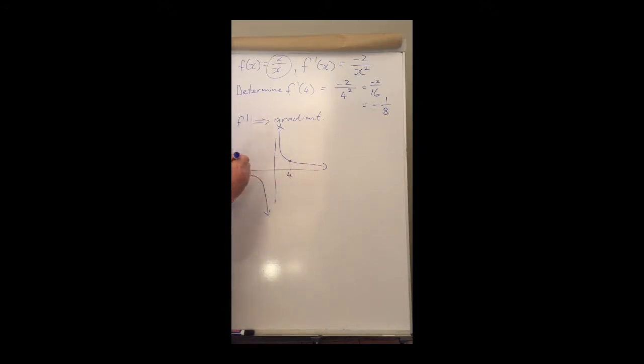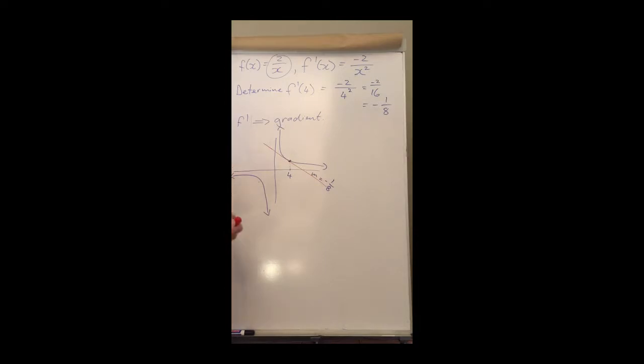To see that clearly, we can draw a tangent at that point. The gradient of this tangent is the gradient of the hyperbola at that point. So that is what this minus 1 over 8 represents: the gradient of this tangent is equal to minus 1 over 8.